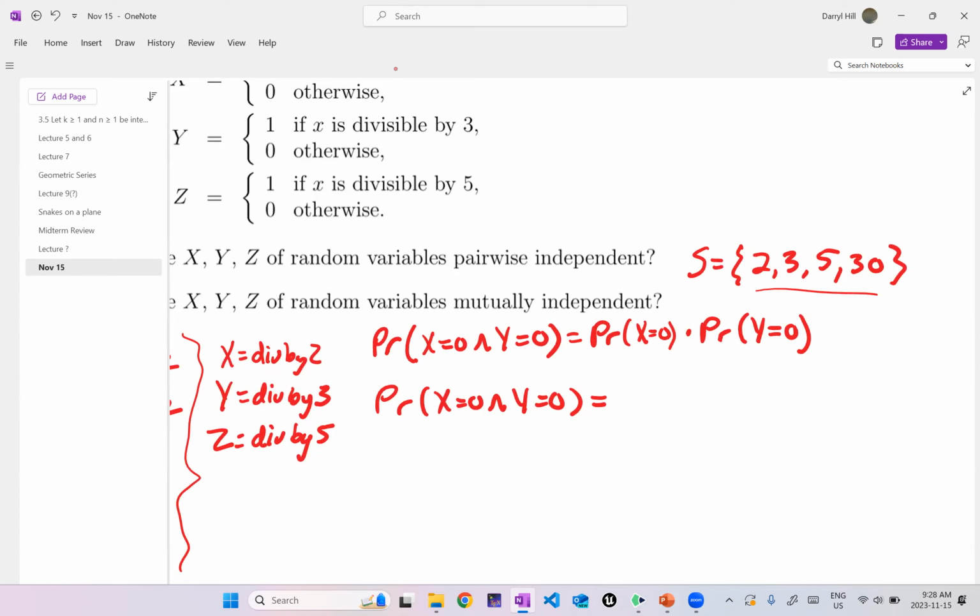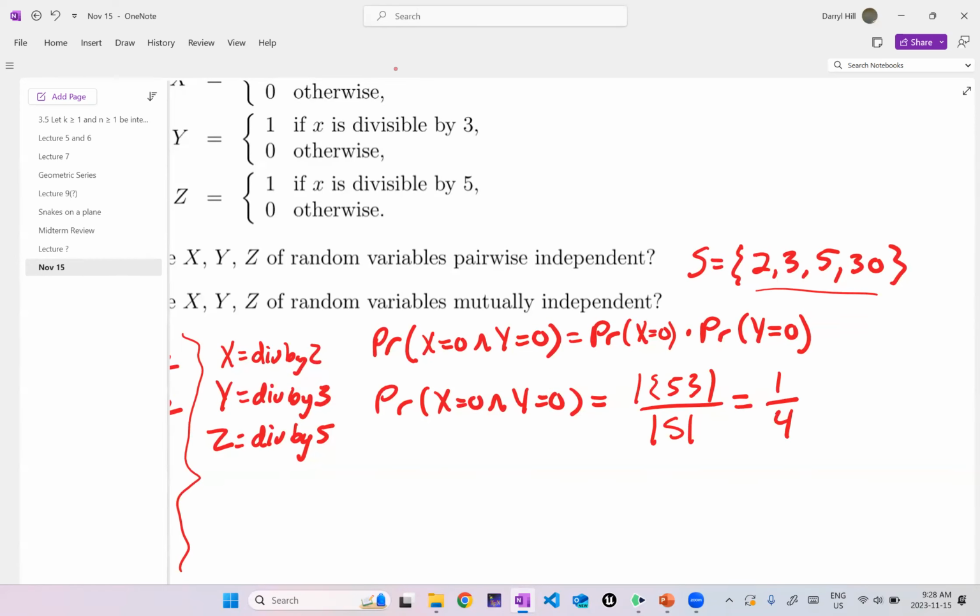2 is divisible by 2, 3 is divisible by 3, 30 is divisible by both. So this is the size of this event over the size of S, and that's 1/4.